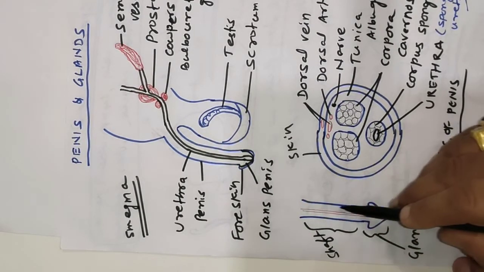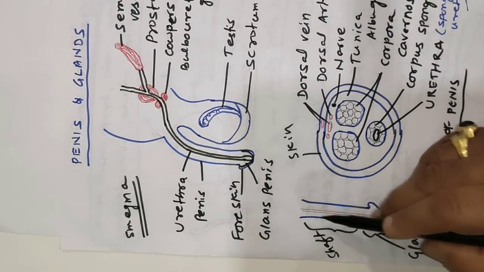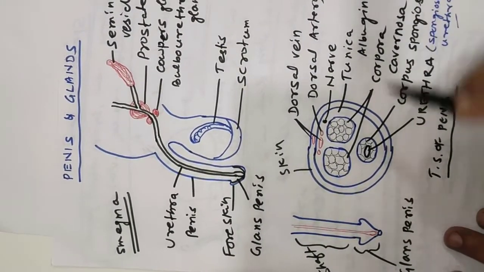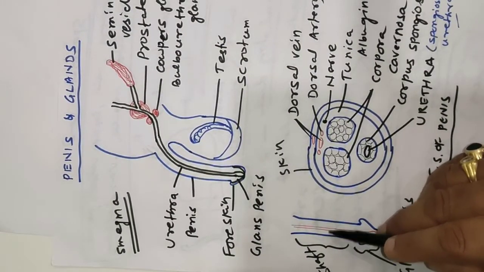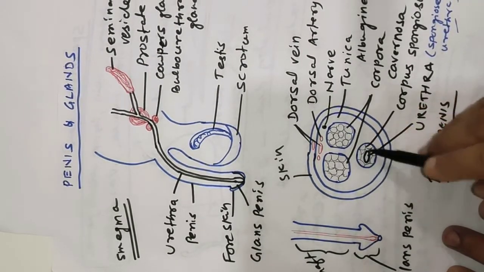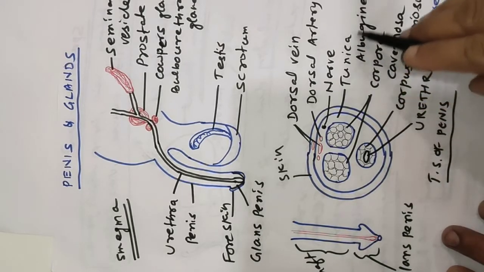The shaft has three columns of spongy tissue covered by the tunica albuginea. The TS or the transverse section of penis shows three spongy tissues covered by tunica albuginea.